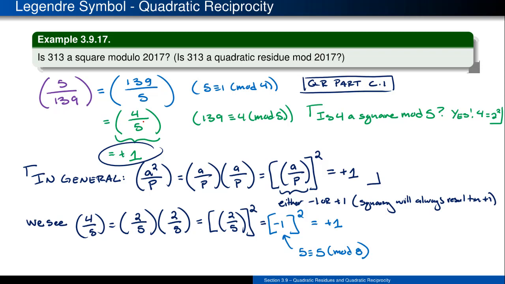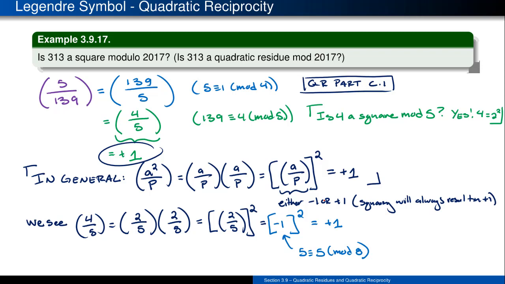So because 4 is a perfect square, I know that that Legendre symbol is going to return a 1. In general, anytime you have a perfect square up on top, you can split this Legendre symbol into 2, which says something squared, which is always going to be a 1 or a negative 1. And if you square it, it's for sure going to turn into a 1. All of this is talking about whether or not something is a square, and in that one, yes, 4 is a square, so it returns a 1.